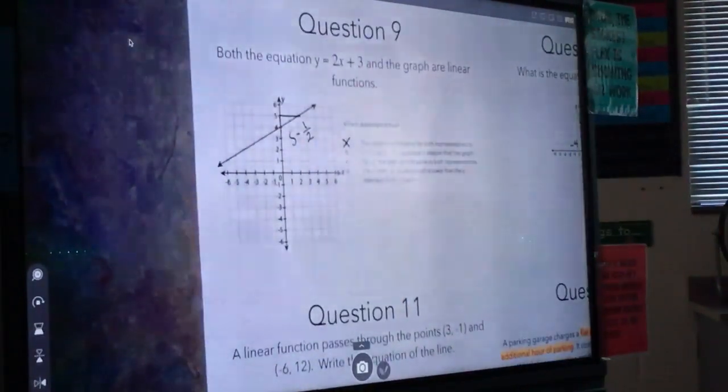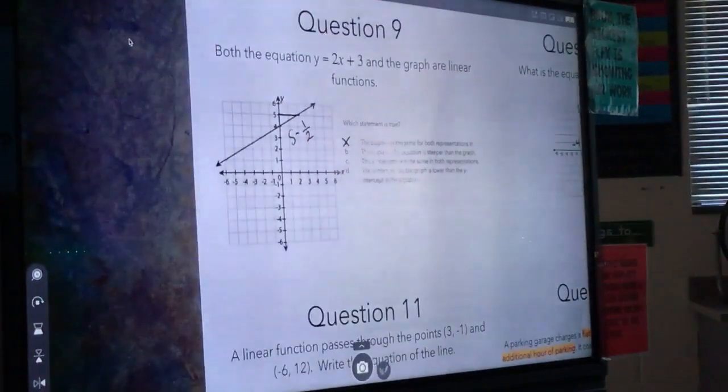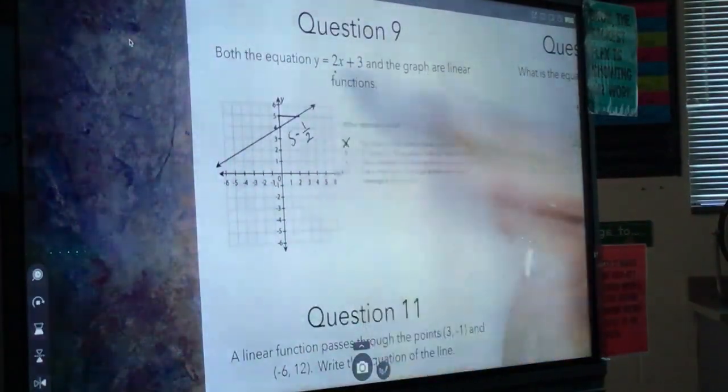All right, B says the slope for the equation is steeper than the graph. What do you guys think? Why are you saying yes? Jeffrey? Because if it's 3, it'll tilt up higher than 4. Say that one more time. So if it's 3, it'll tilt up higher because 4 is more than 3.